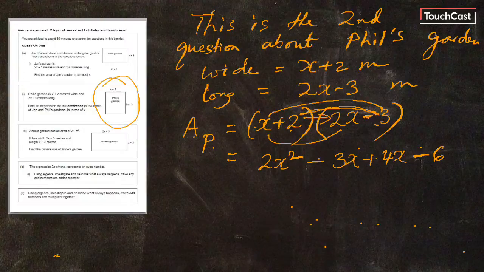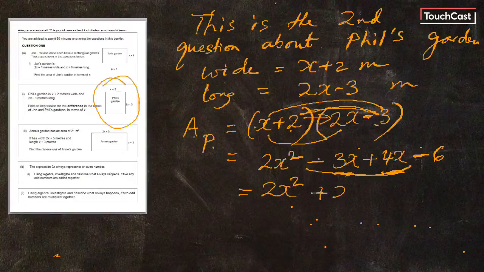Now if I simplify, those are the like terms, that'll give you 2x squared, and positive 4x and negative 3x will give you just simple 1x.